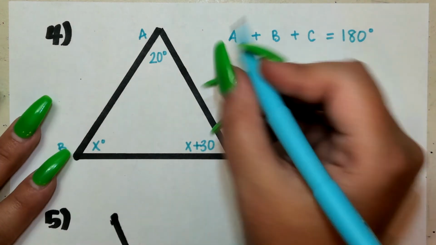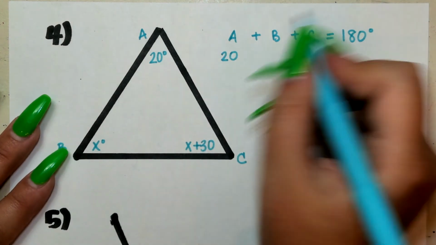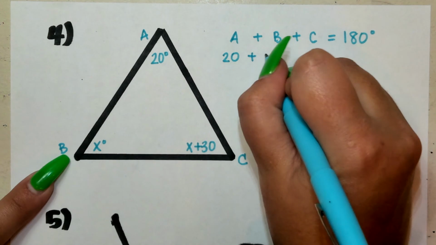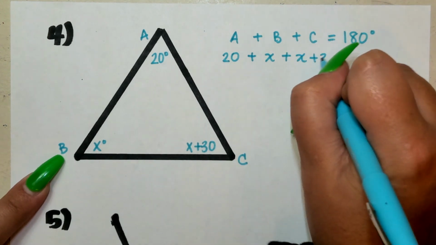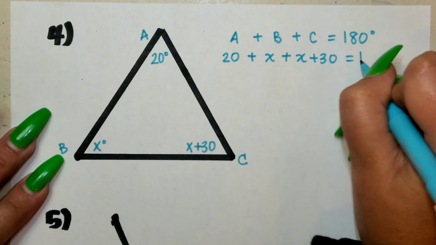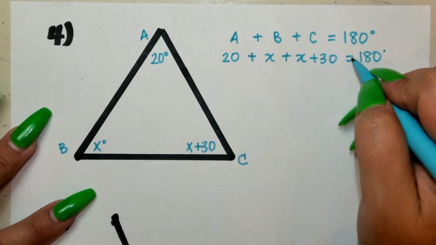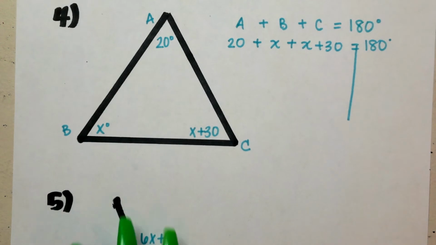So angle A is 20, plus angle B is X, plus angle C is X plus 30 equals 180. And then I solve.